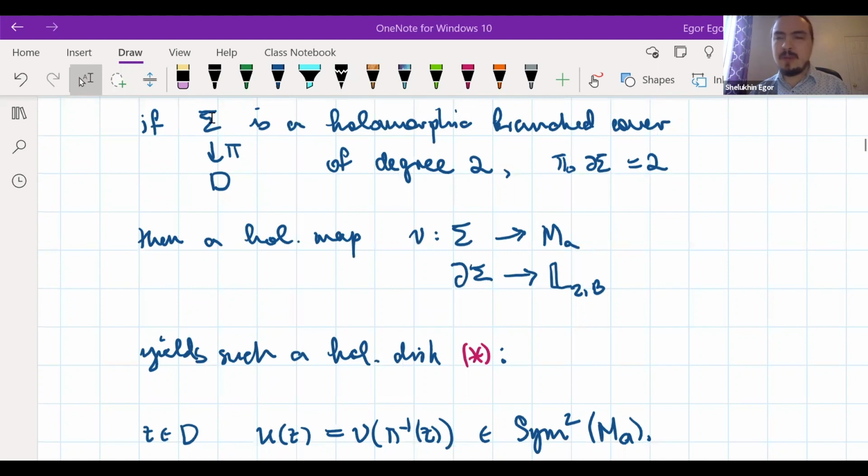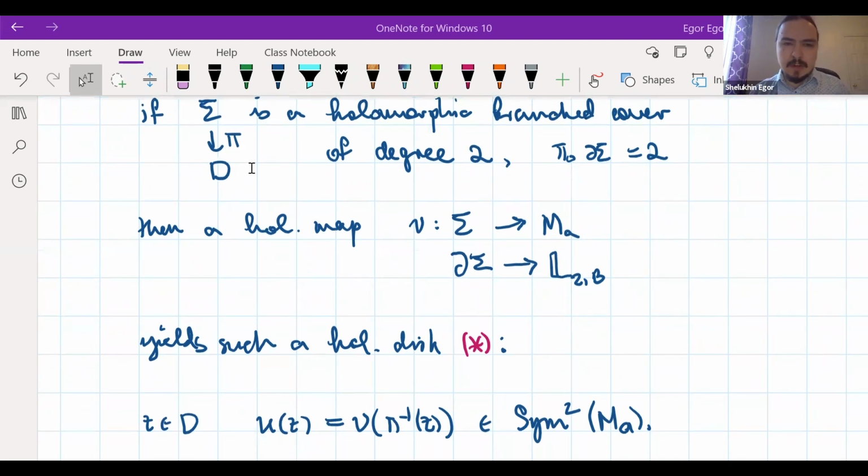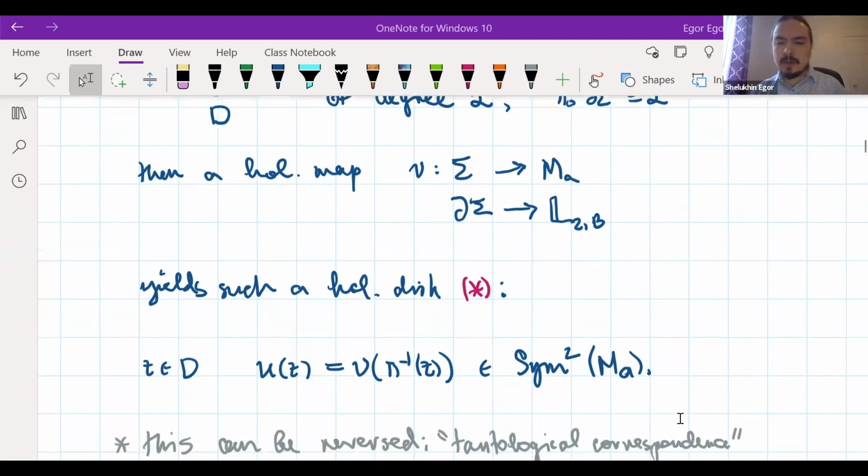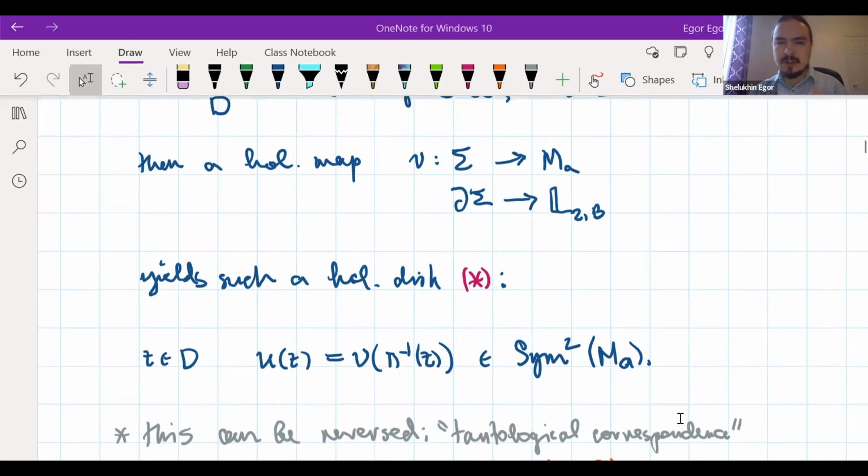We can take its pre-image, a subset in sigma, generically with two elements, sometimes with one element, which we think of as two elements that are the same. Then we can evaluate our map nu on this pre-image, and it gives us a well-defined element in the symmetric product. And this can be reversed.